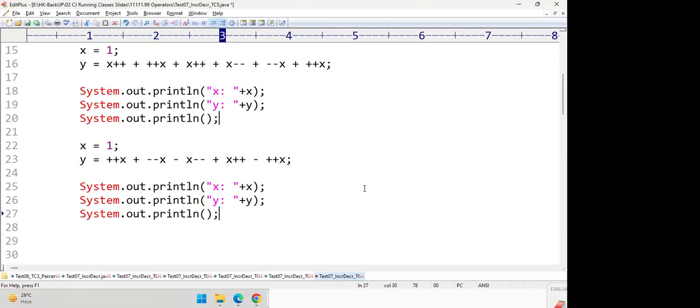Plus x plus. Which bit are you solving? Line number 15, line number 22?